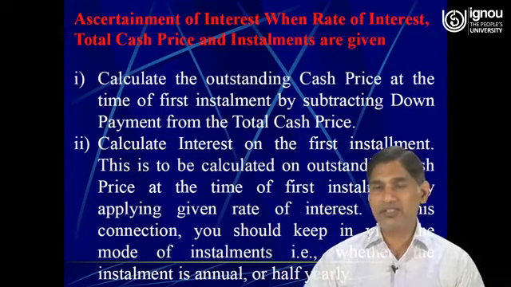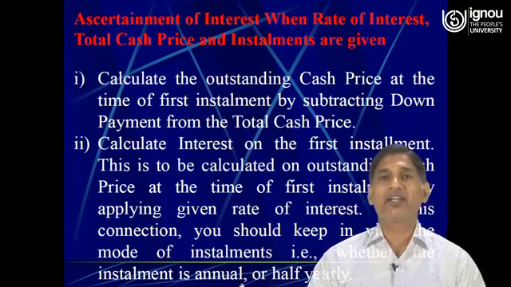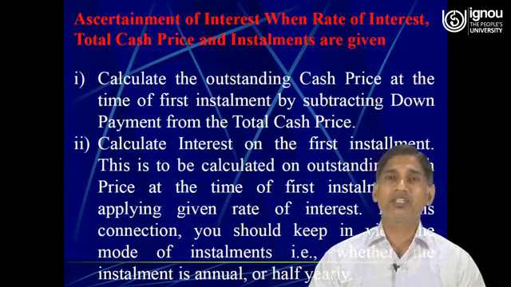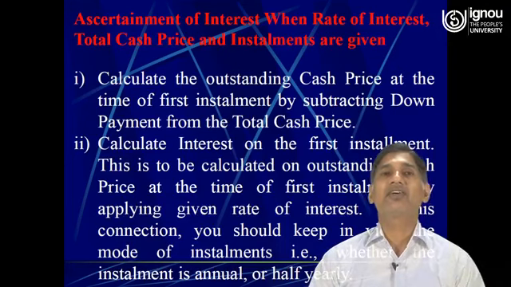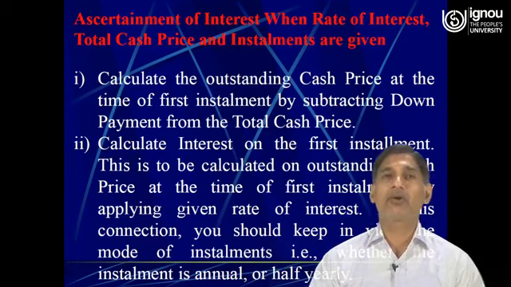Then the next one is ascertainment of interest when the rate of interest, total cash price and installments are given. So, how can we determine the amount of the interest when the following things are given? The first is the rate of interest, the second is the total cash price, and the third is the number and amount of installments.